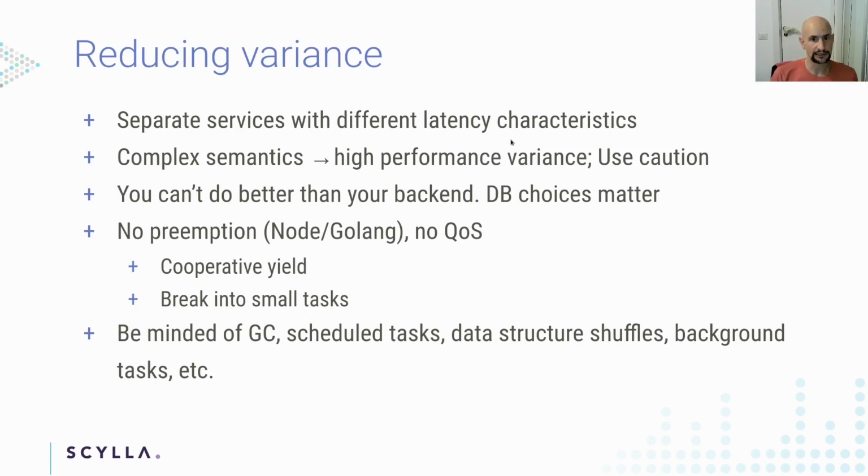Reducing variance. This is something that really helps when we want to raise utilization and lower our latency amplification. One of the most useful patterns out there is separating systems and services with different latency characteristics. In a lot of cases, you see servers that are servicing very different transactions with very, very different latencies, and this basically increases the overall variance of the server.